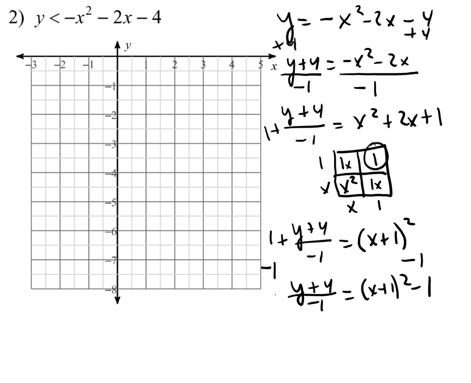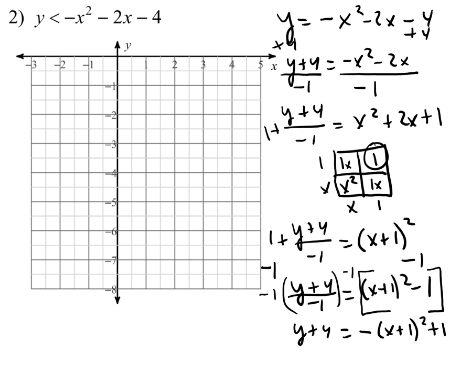Then I'm going to multiply both sides by negative 1. Now you want to be careful because we've got to multiply both of these by negative 1. So then you end up with y plus 4 equals negative (x plus 1) squared, and then negative 1 times negative 1 is plus 1.